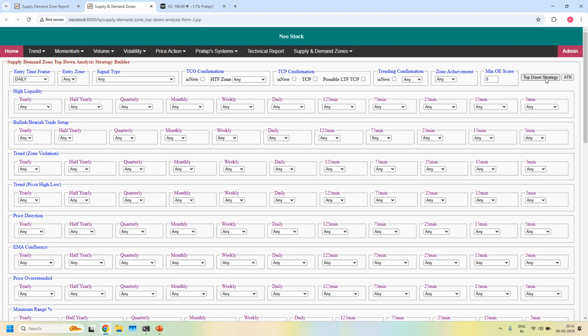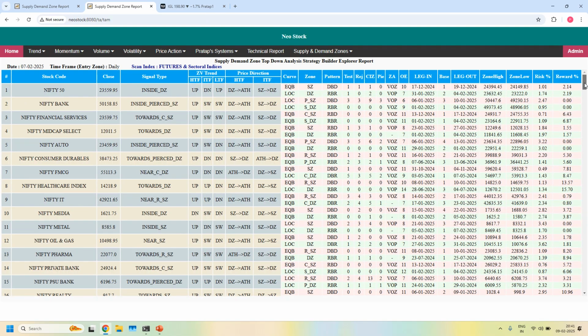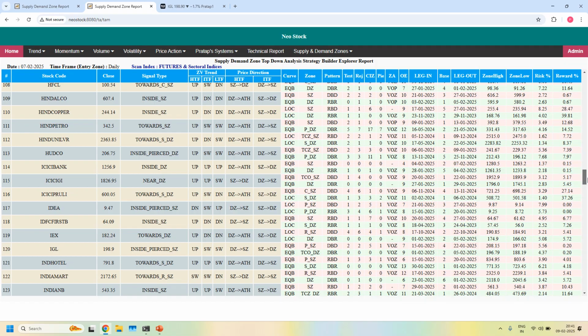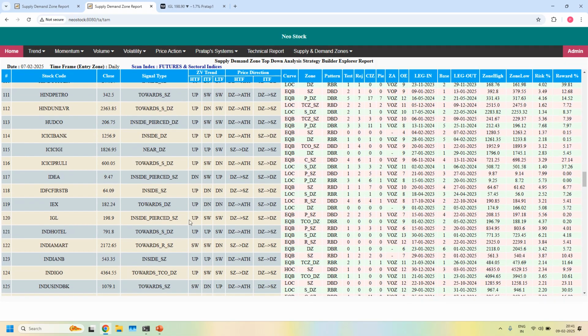In the daily time frame, I am generating all supply demand zones. So we are looking for IGL.